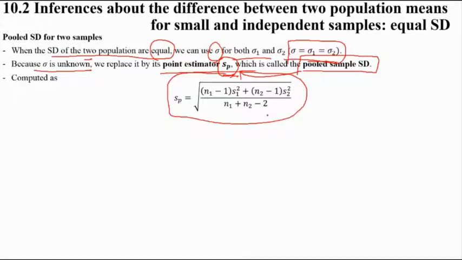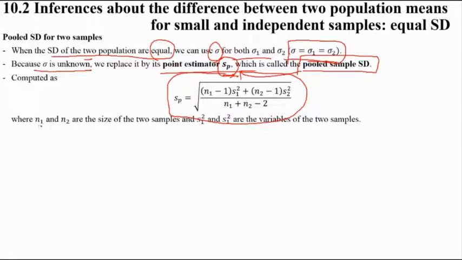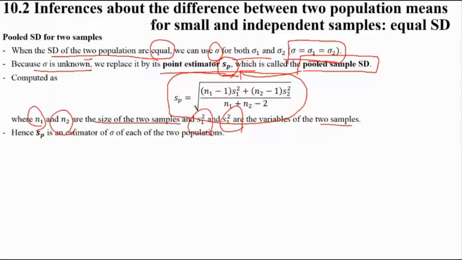Can you see the n minus 1 for each sample? N1 and N2 are the sample sizes, which we know.